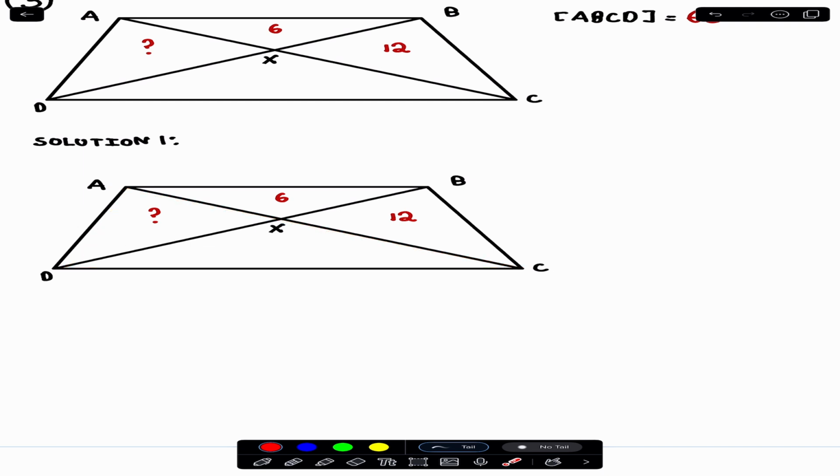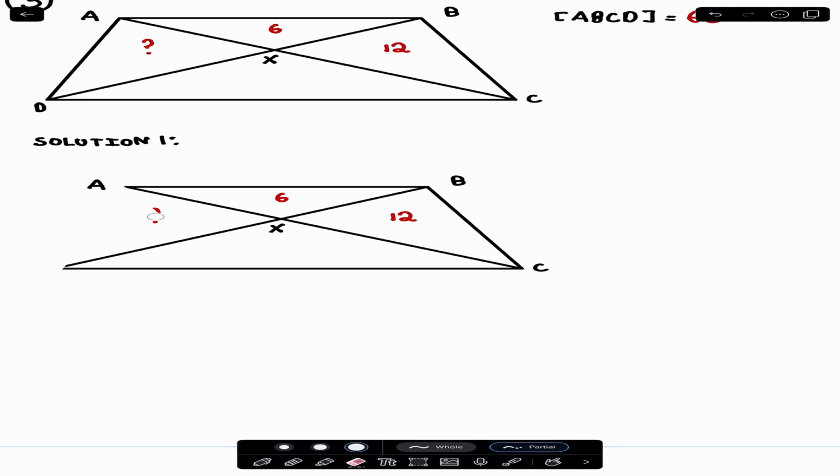And of course, within these big triangles, there are these smaller triangles. And if we were to break up the triangle like this, the fact that we have AX and CX, and if we were to divide it like this, the fact that we have AX and CX again just sort of tells me we're going on the right track. Maybe we can set things equal to each other and go from there.